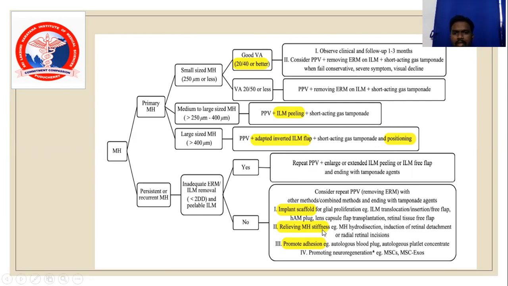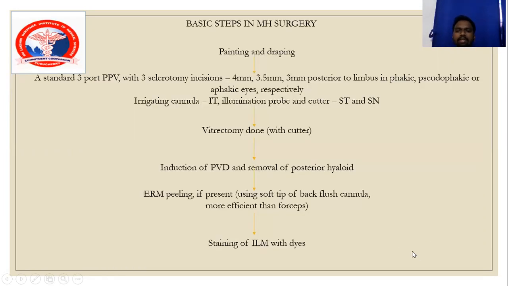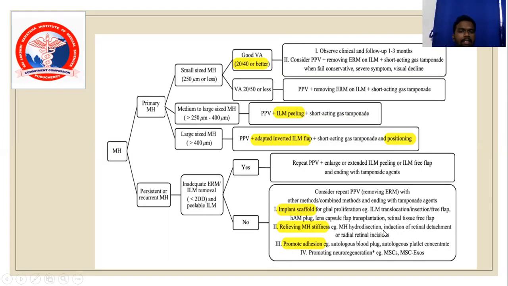We can also do a relieving macular hole stiffness surgery in the form of macular hole hydrodissection, or we can even promote the adhesion of the macular hole by using autologous serum in the form of an autologous blood plug, or by using an autologous platelet extract.